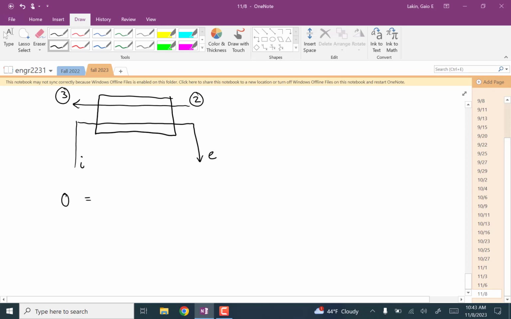So I'm going to just write out a simplified form of the first law for control volume. So we got 0 is equal to, remember there's no heat transfer except between the system. So there's no Q dot. There's no W dot. So this is just equal to the mass flow rate of the working fluid times H at the inlet, that's 2, minus H3, plus the mass flow rate of the cooling water times H at the inlet minus H at the exit.